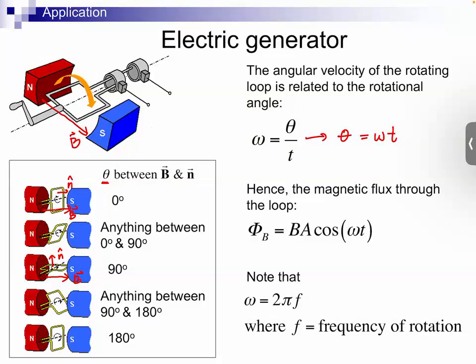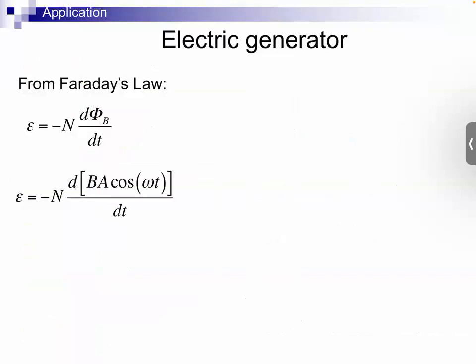So frequency is the frequency of rotation, how many rotations the coil makes per second in this magnetic field region. Okay. So we have then rewritten the equation for the magnetic flux using the angular velocity, or how fast the coil rotates in the magnetic field region.